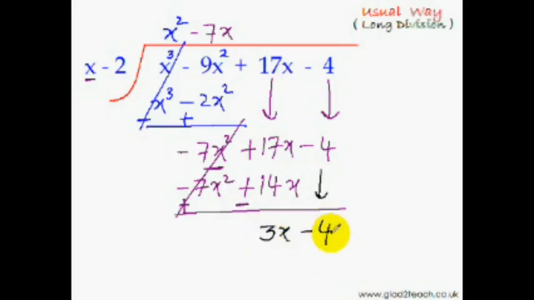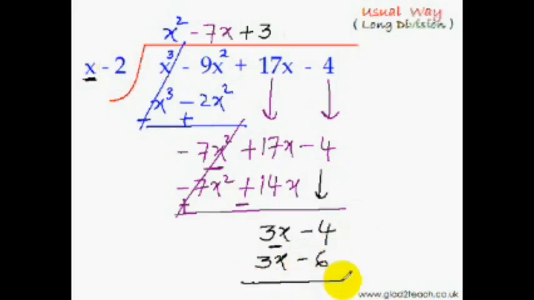So this is our new dividend, and once again we repeat the same process, that is, divide the first term of this new dividend with the first term of the divisor. So 3x divided by this x is 3, so we put positive 3 there. Now multiply this 3 with all the terms of the divisor. 3 times x is 3x, and 3 times minus 2 is minus 6.